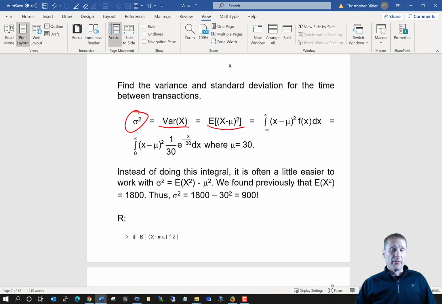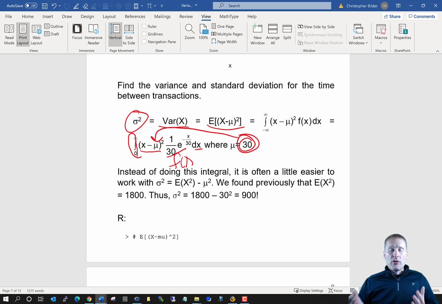In other words, the expected value of the squared deviation from the mean. How do we find this? Well, we take the integral from 0 to infinity of x minus mu squared times the PDF, integrate with respect to x. But remember here, mu is equal to 30, so I could actually plug that in there.